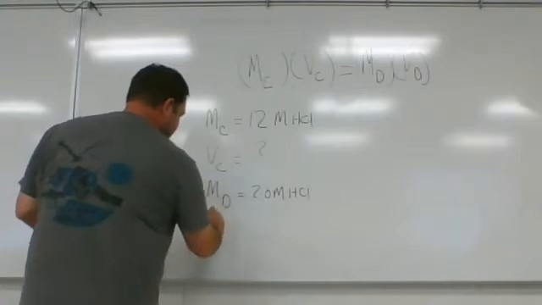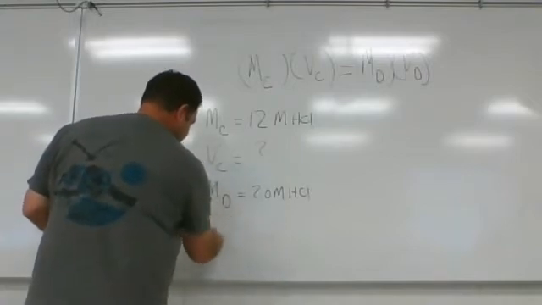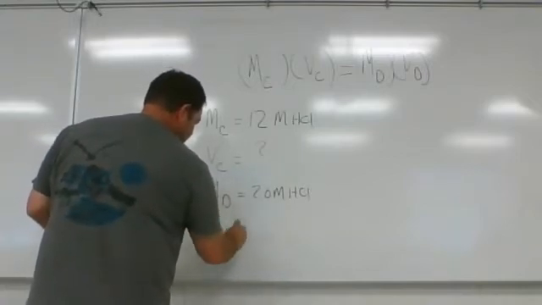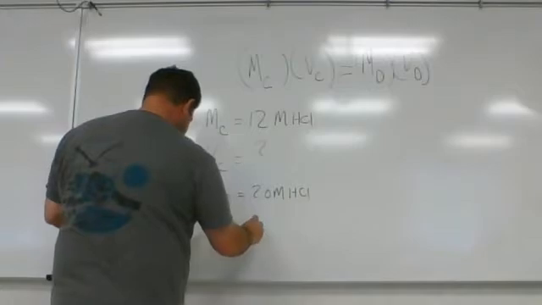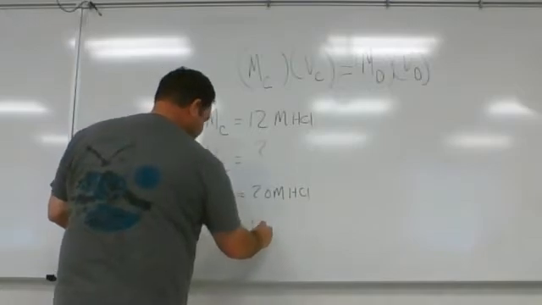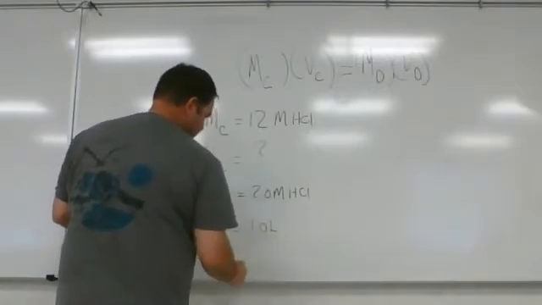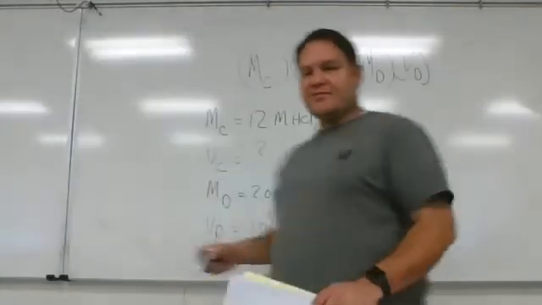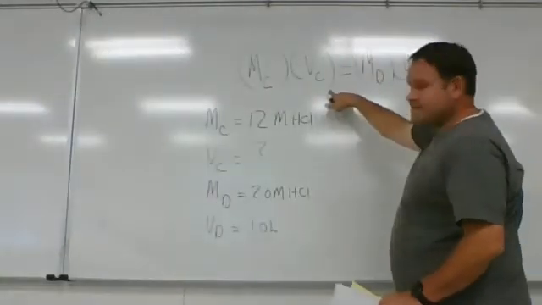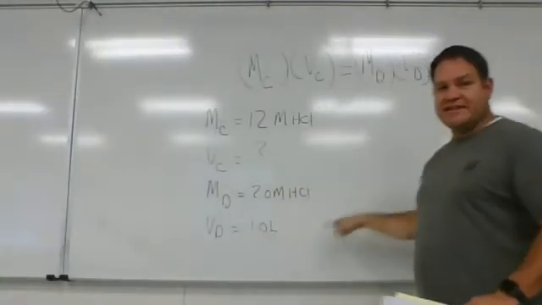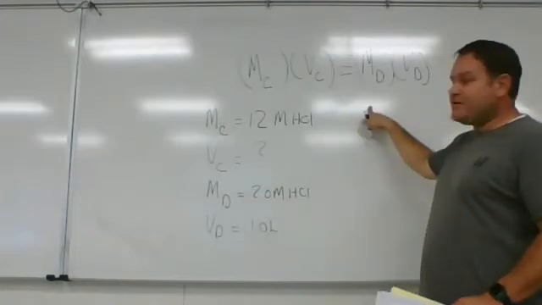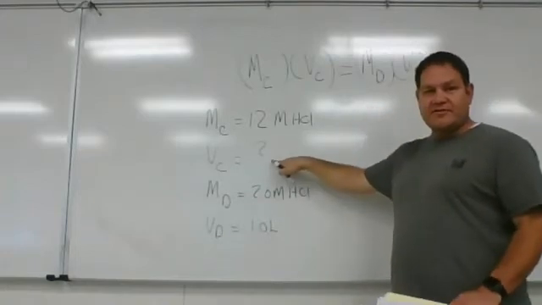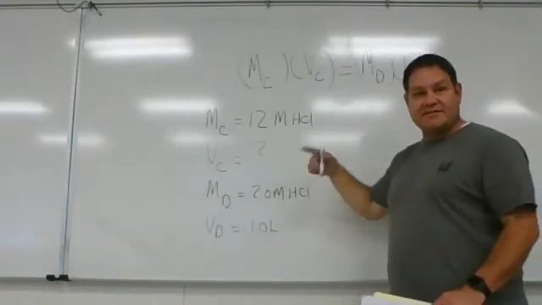And then the volume of the dilute, our desired volume, is going to be a 1 liter solution. Okay, so we want it to be 1 liter. So essentially, the math looks like this. I'm going to use this dilution equation and plug these variables into that equation to solve for the VC, essentially.